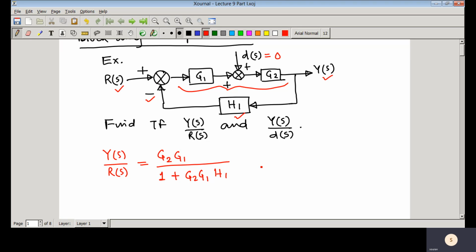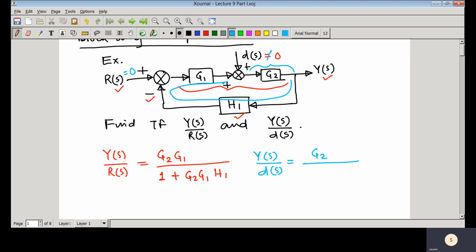And in the other case, whenever we will be finding Y(s) by D(s), in that case we will be assuming that R(s) equal to 0, but D(s) is not equal to 0. In this case you can see that this is actually the forward path transfer function, that is G2, and here you can see this is actually that feedback path.